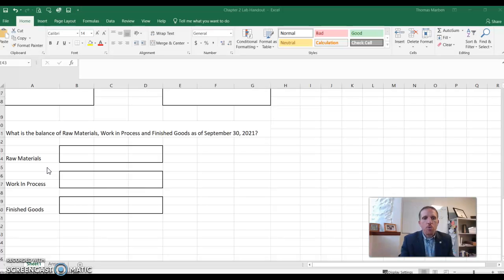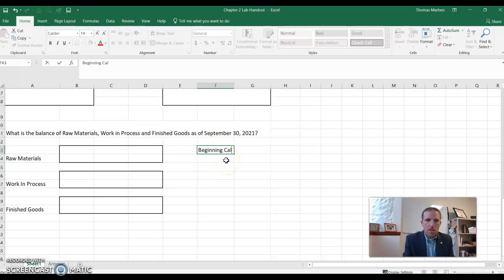So remember that raw materials is going to really be broken up of beginning balances. Okay. We're going to add to that purchases, right? And then placed in process.